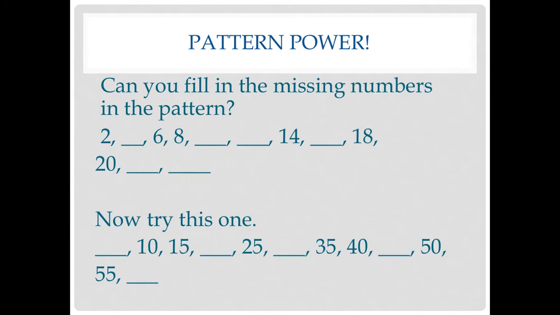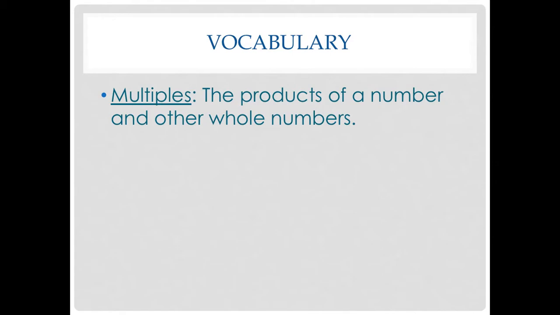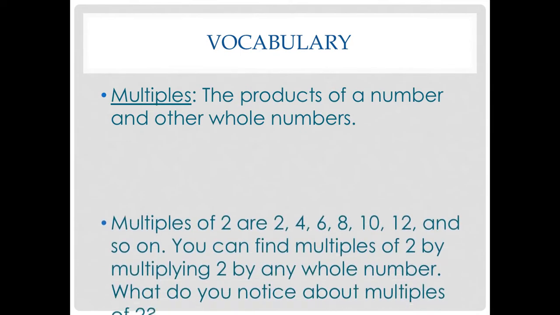The first number will be 5, 10, 15, 20, 25, 30, 35, 40, 45, 50, 55, 60. When you are skip counting, you are using multiples, the product of a number and other whole numbers.